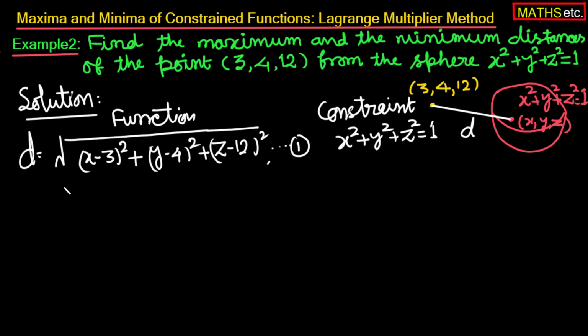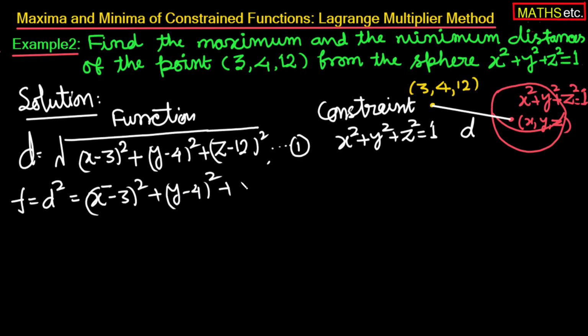Now since we have to use partial derivatives of the function, and it will be a bit difficult to find the partial derivative of a square root function, we create a new function f, the square of d, so d squared. We get (x minus 3) squared plus (y minus 4) squared plus (z minus 12) squared, and this is equation number 3. The constraint is equation number 2.